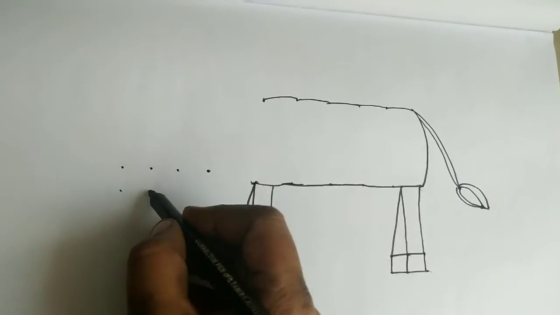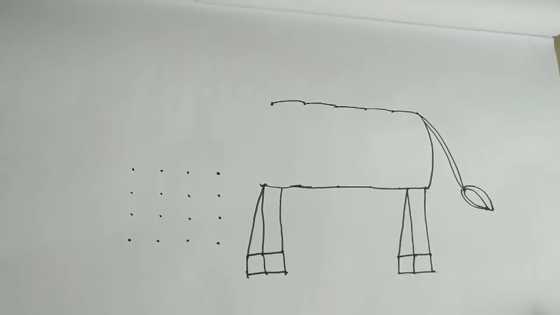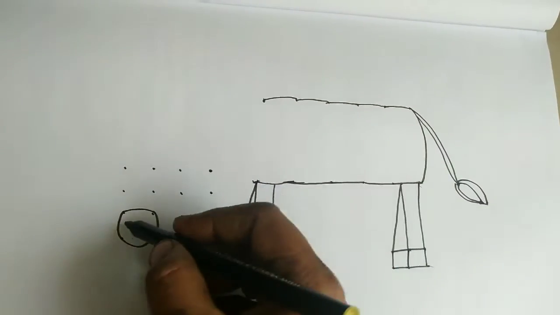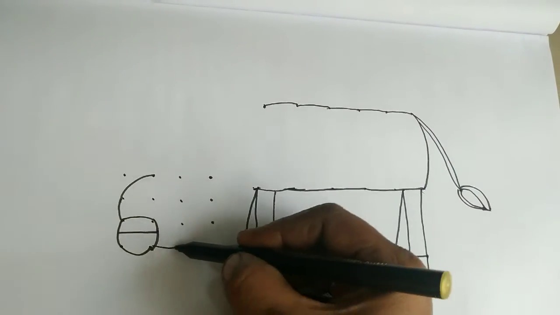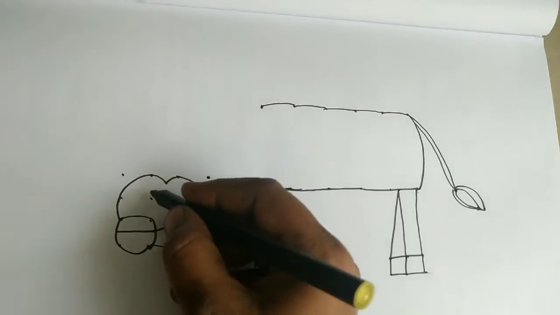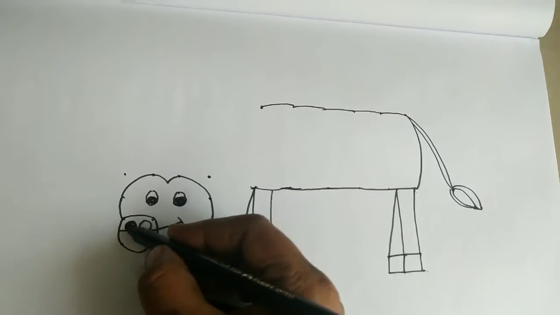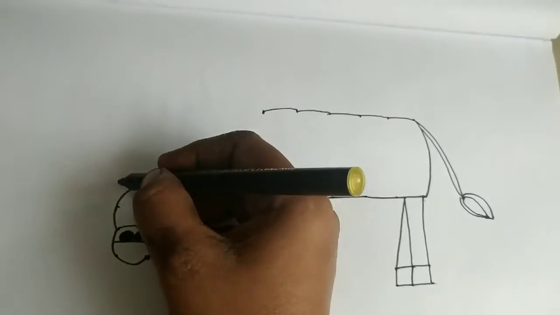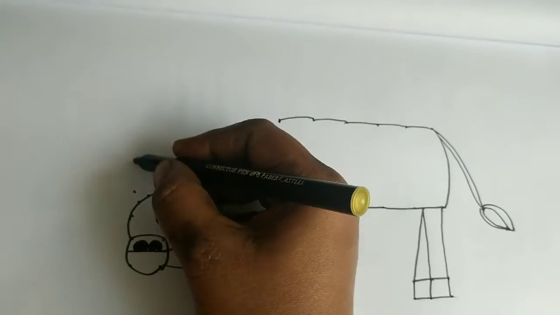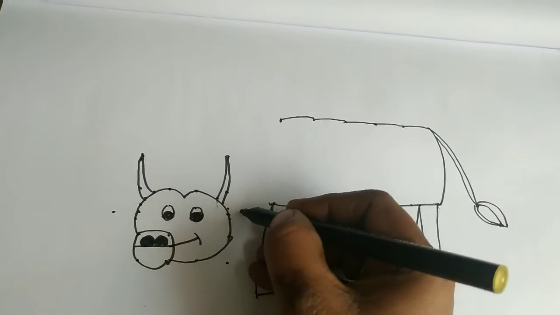Just move the 4 cross 4 points towards up if you want the upper position, towards down if you want the cow to eat the grass, and if you want the cow to stand still, then keep the 4 cross 4 points in the middle position of the body part. So it's really easy, and you can see the movement of the head part to the up, mid and down positions.